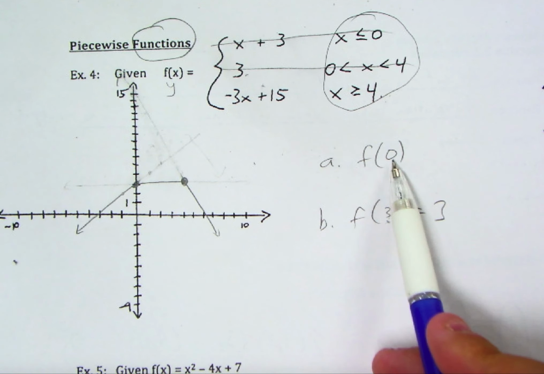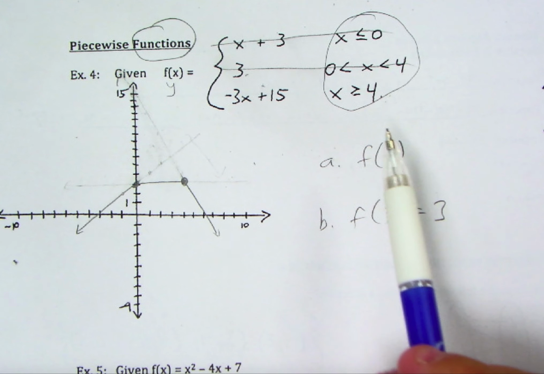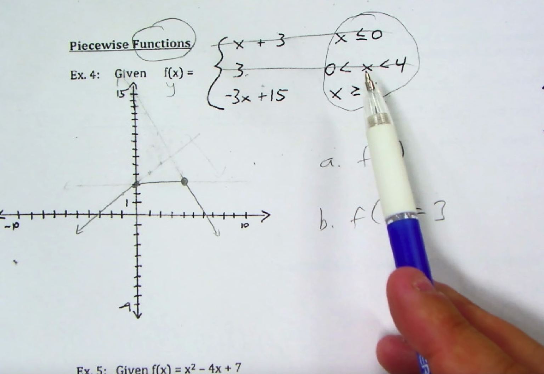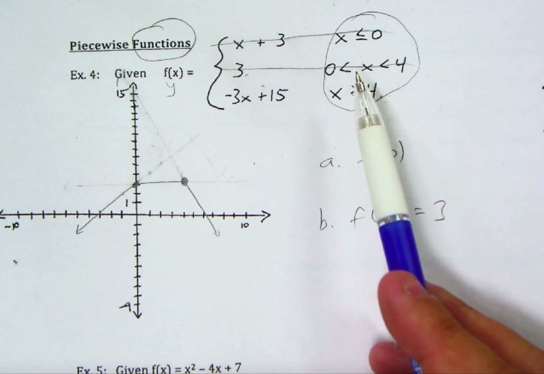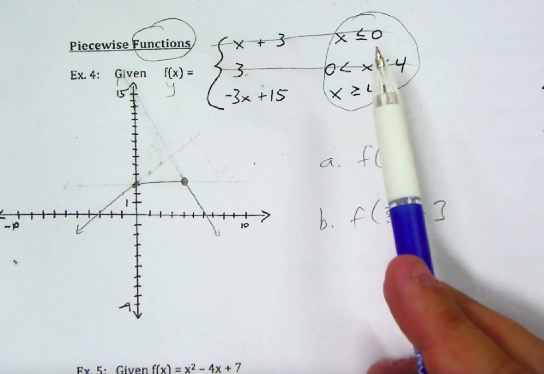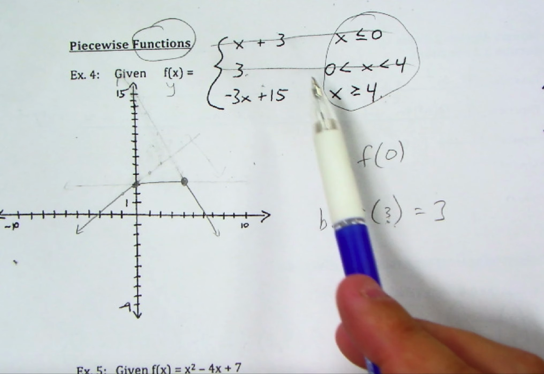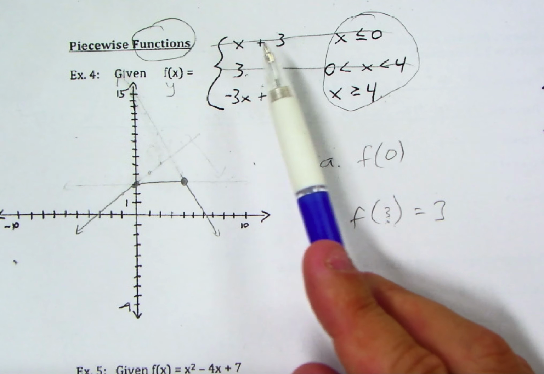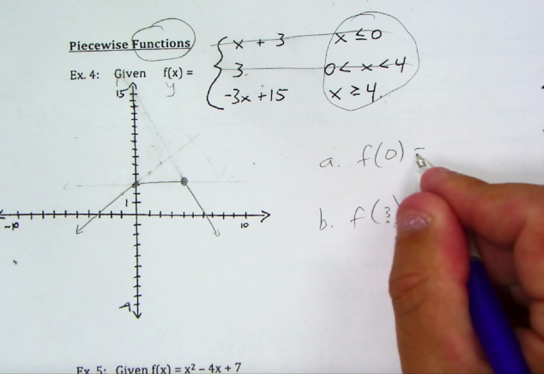So let's think about which one of these inequalities 0 makes true. 0 is not greater than or equal to 4. 0 is not greater than 0, so it doesn't make this true. 0 is less than or equal to 0. What that means is I plug 0 in for x in this top piece right here. So 0 plus 3 would be 3.